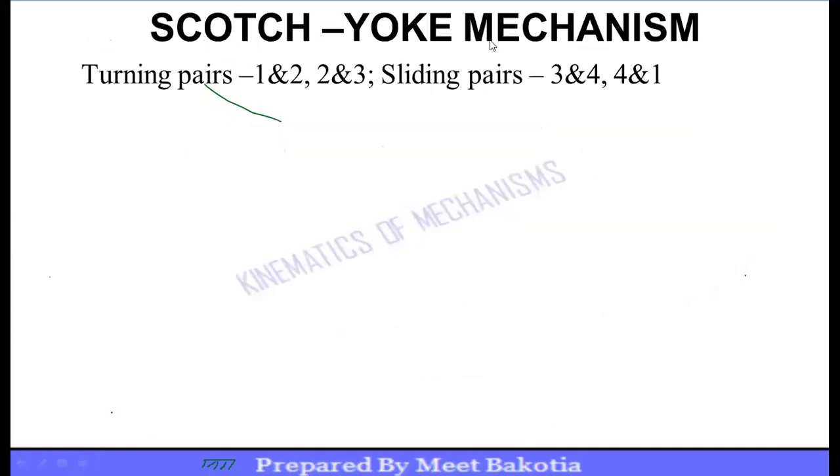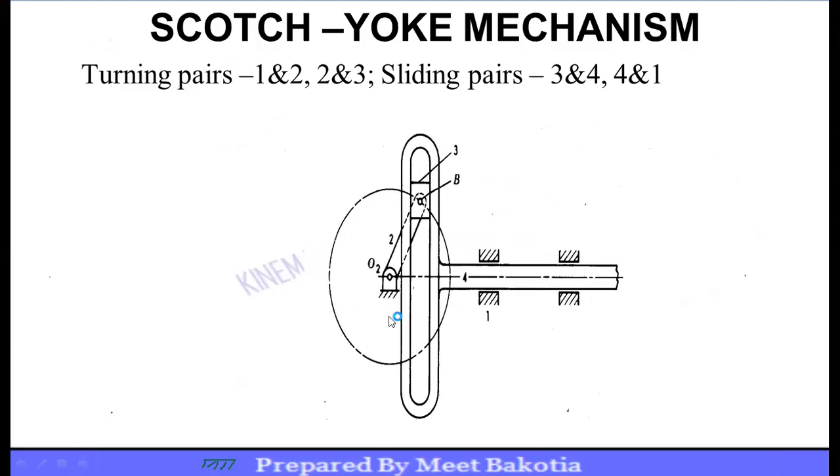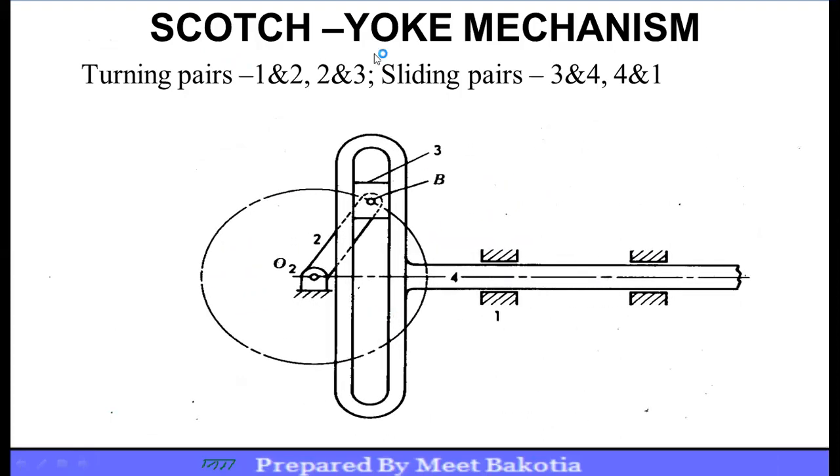Let's move to another inversion of the double slider crank chain mechanism, which is the Scotch yoke mechanism. Now, why is this an inversion of the double slider crank chain? The slotted frame actually was this way. If you would have noted, this portion of the slotted lever we have removed.